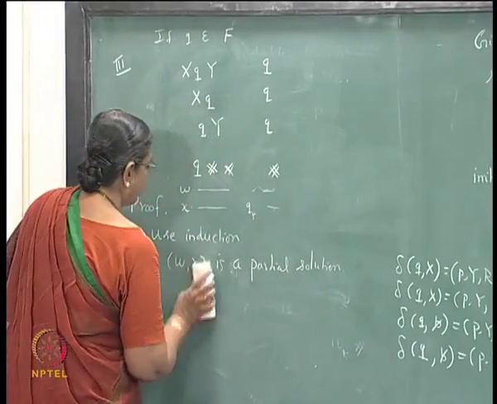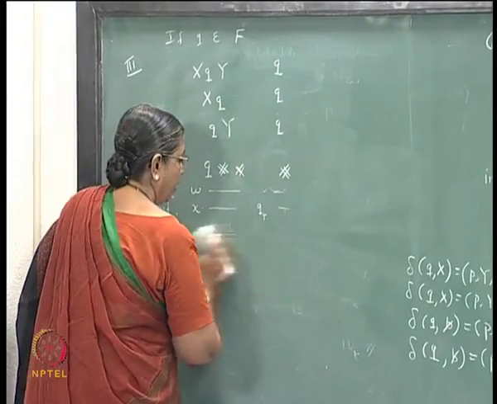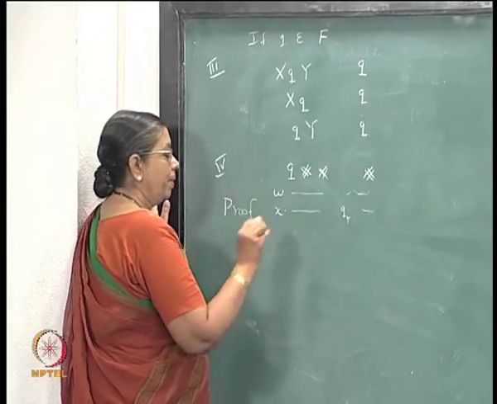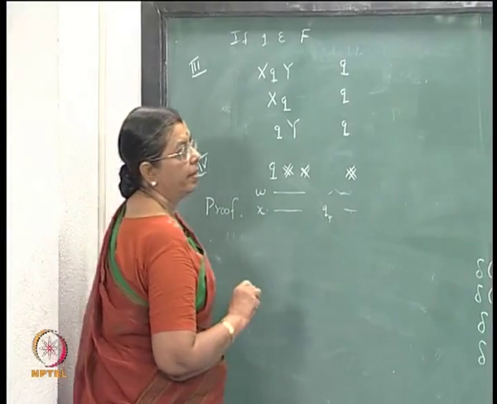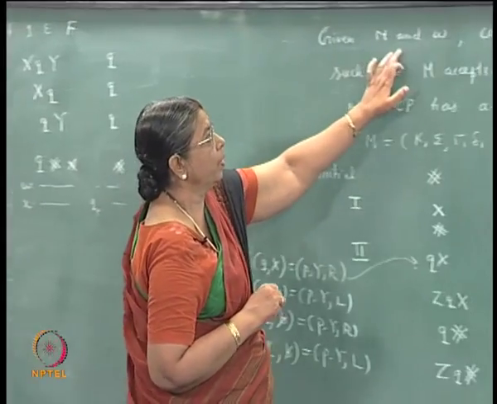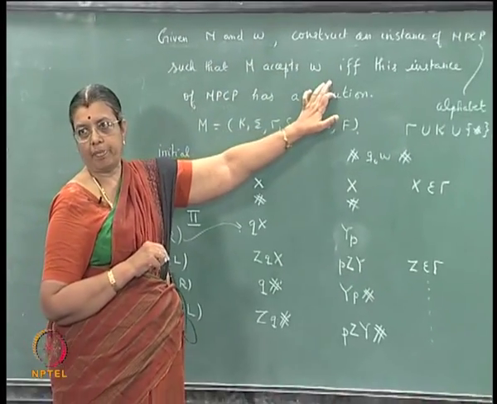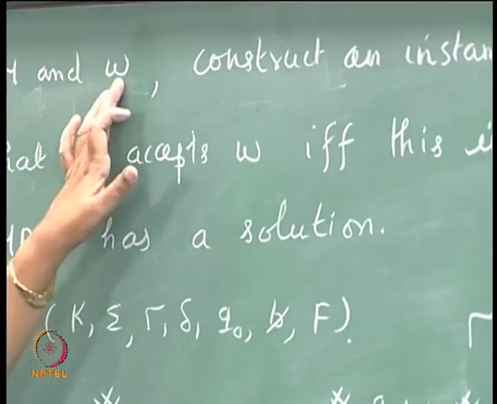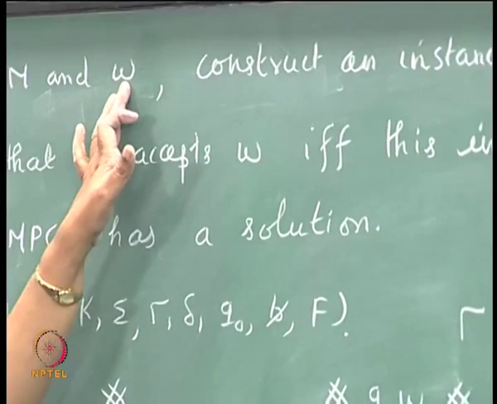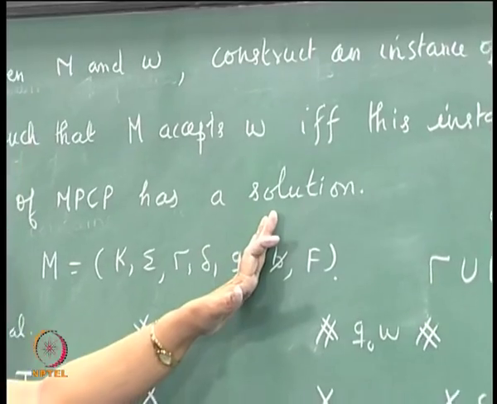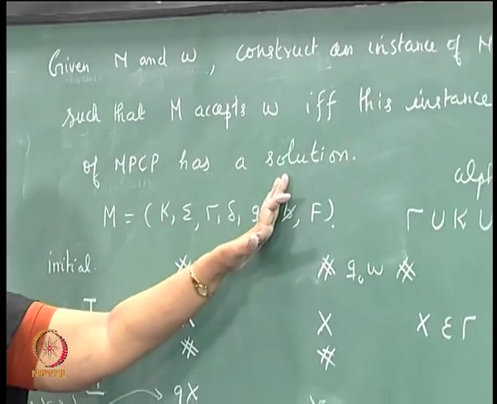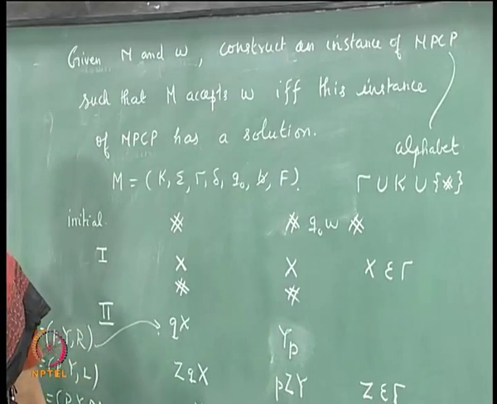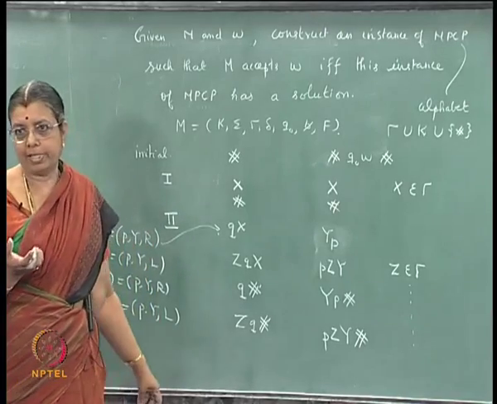So, what is the solution you have got? From given W and M, you have constructed an instance of MPCP, and if M accepts W, then this will have a solution. You go to a final state and then you will get equal strings. If M does not accept W, you will not go to a final state, you may halt.